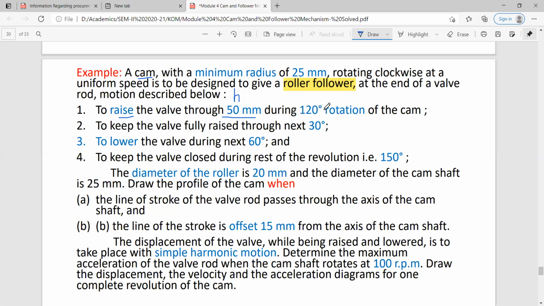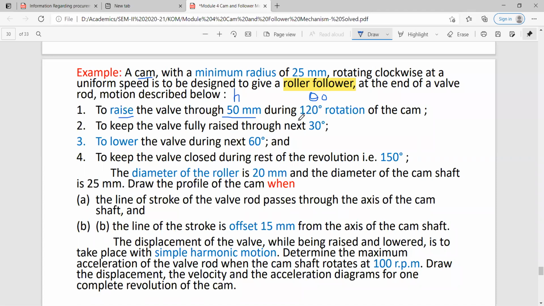So as during this rotation the follower is rising, it is nothing but your angle of rise, that is called as theta 0, 120-degree, means the motion of the cam begins with rising of the follower.